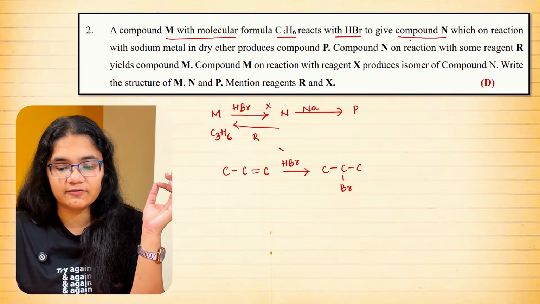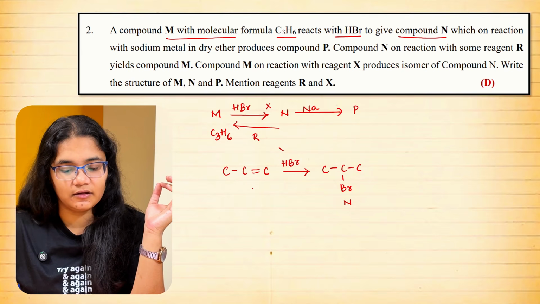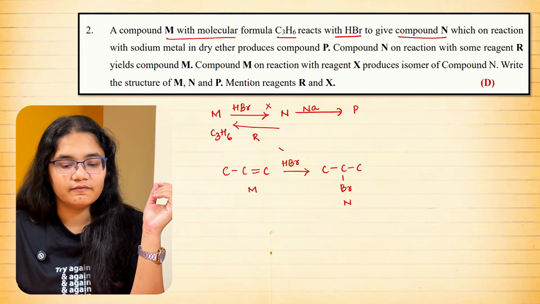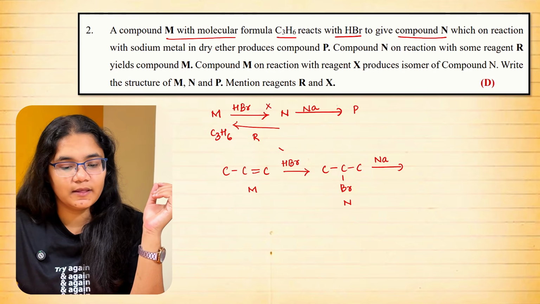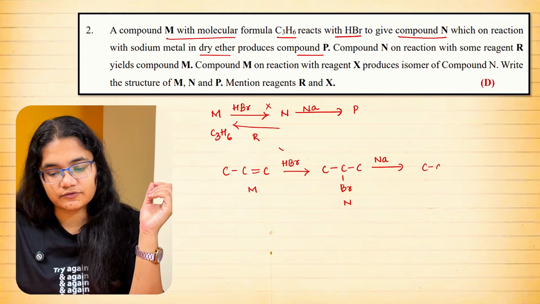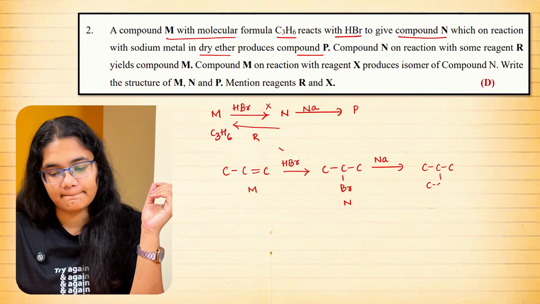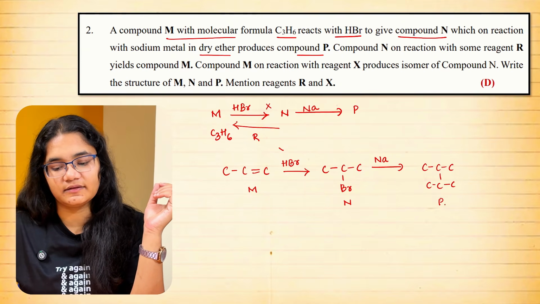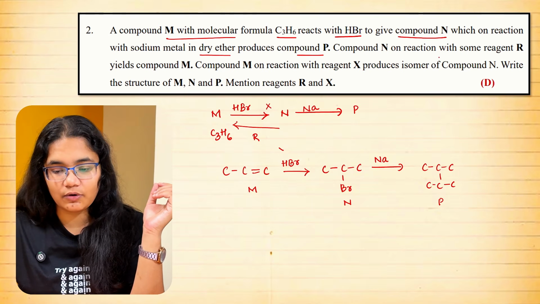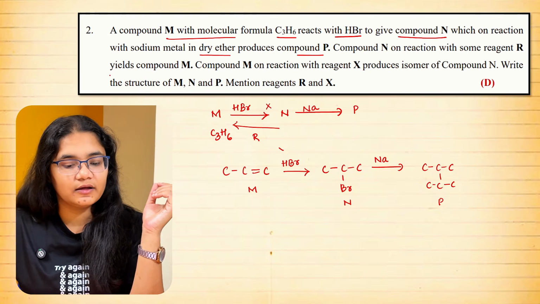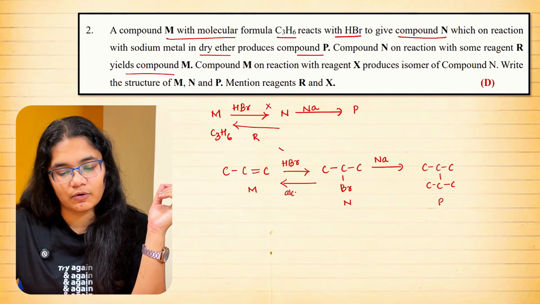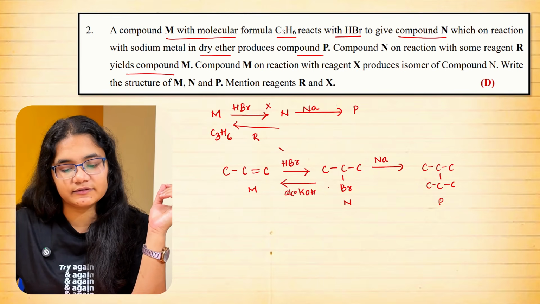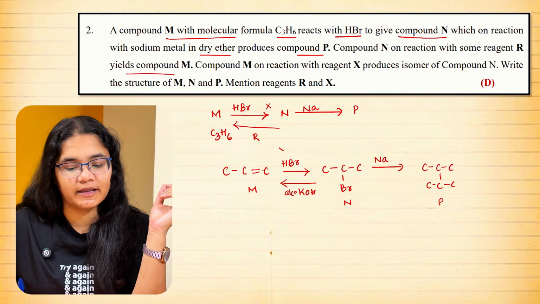This is N and this is M. Which on reaction with sodium metal in dry ether gives you P. So the structure of P is this one. Now compound N on reaction with reagent R gives you compound M. What will this be? Alcoholic KOH, dehydrohalogenation. HBr will be removed and you will get this one.